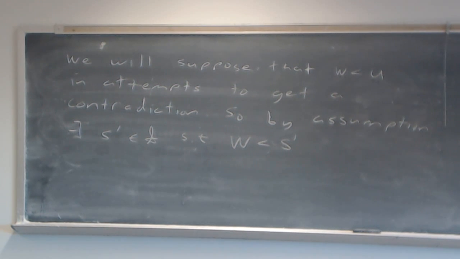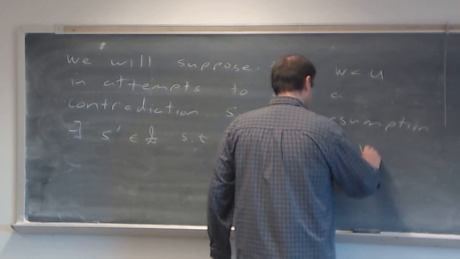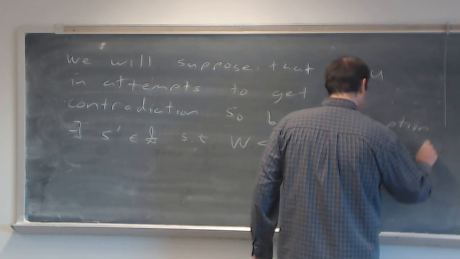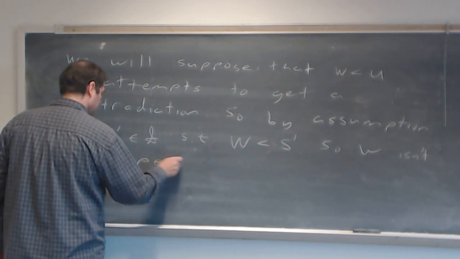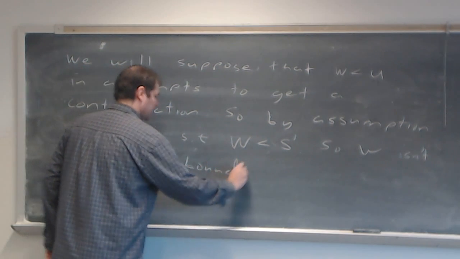Well, what does that mean about W? I'll tell you one thing W isn't. It's not an upper bound, because there's something in S bigger than W. So W isn't an upper bound. But it is an upper bound. That's the contradiction.